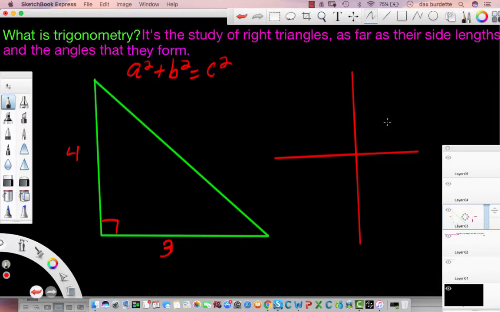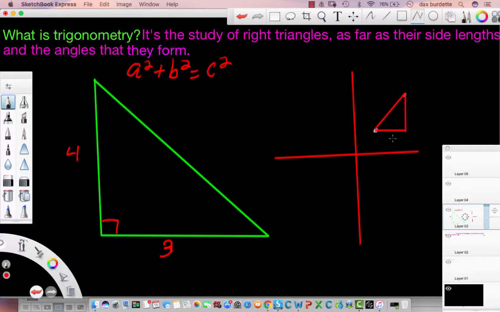And over here, what if we had a point here and a point here, and they ask you, what is the distance between the 2 points? Well, this is that inconspicuous situation. It doesn't look like a right triangle, but it pretty much is. Can't you see it? It's on the coordinate grid, and if we want to find the distance from here to here, we can find the height and the base.